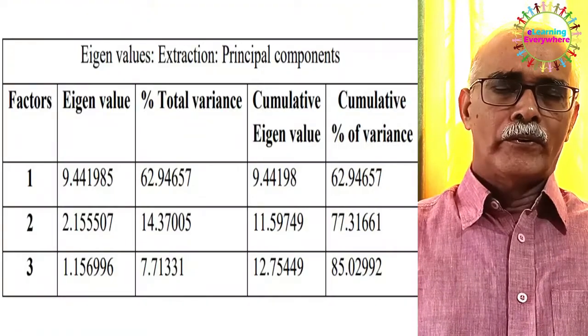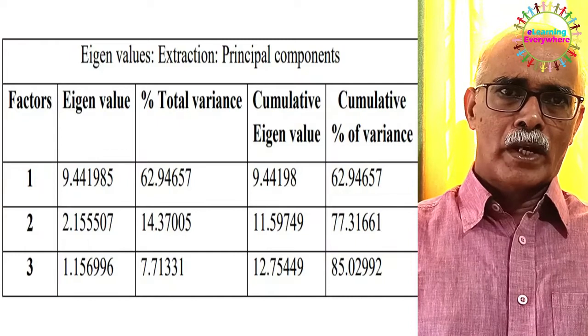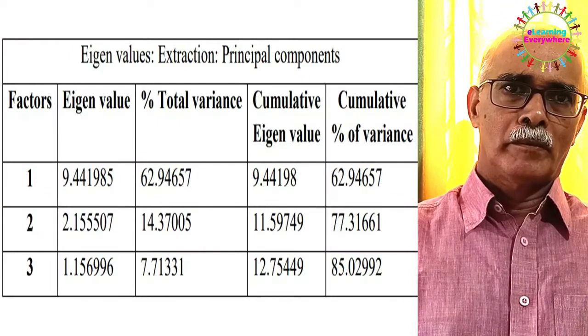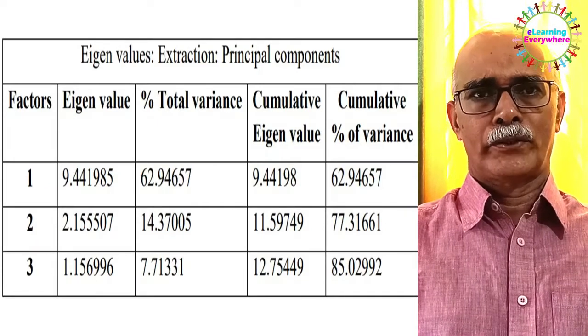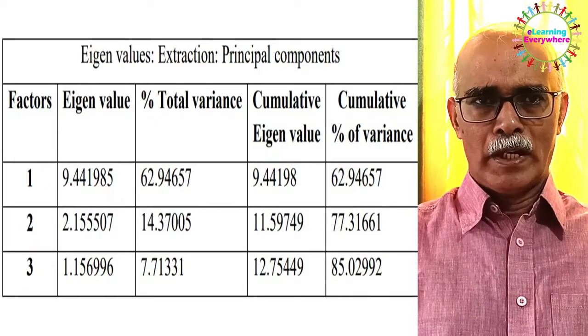When you are carrying out factor analysis, the first step is to extract the communalities and the eigenvalues. And of course, you have to extract the eigenvalues and take a printout of the table showing the eigenvalues.